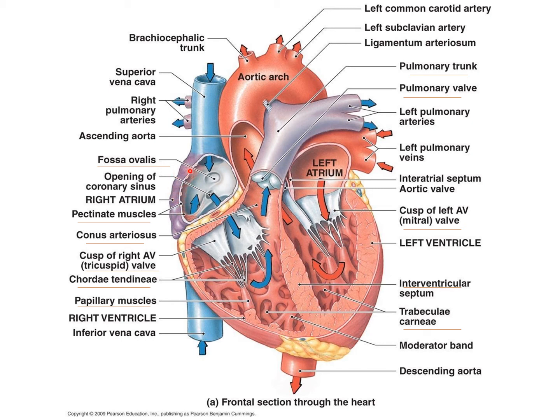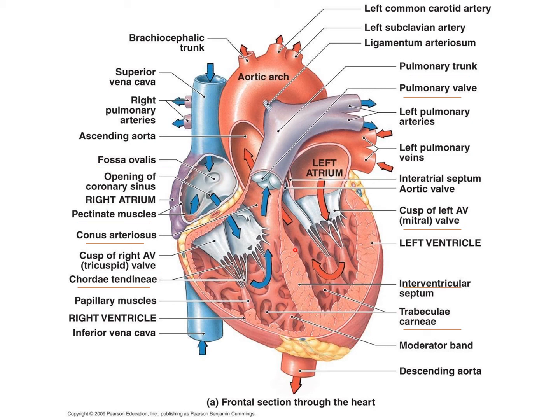After that, the blood will go through to the right ventricle through the valve here called the right AV valve or tricuspid valve, which connects with the papillary muscle through the fibrous cords called chordae tendineae. In the left heart, you will be able to see this valve called the mitral valve connected with chordae tendineae and papillary muscle, and then trabeculae carneae, which is the muscle inside the left and right heart.